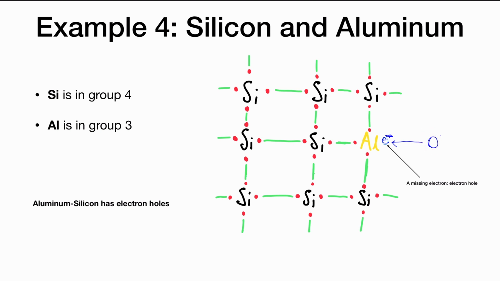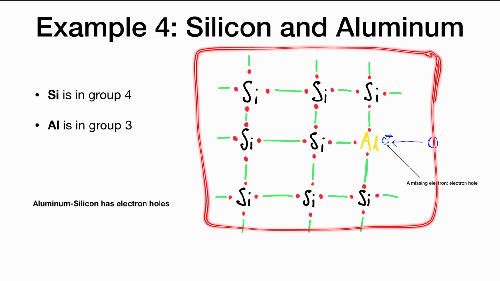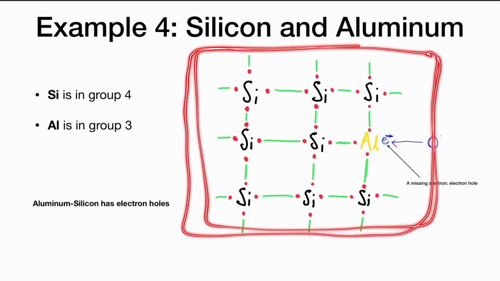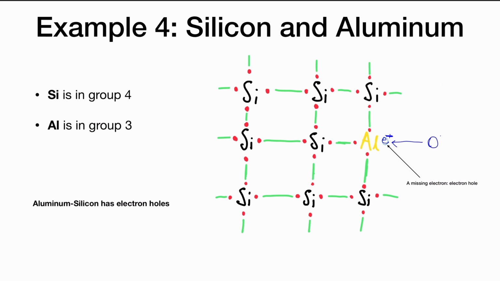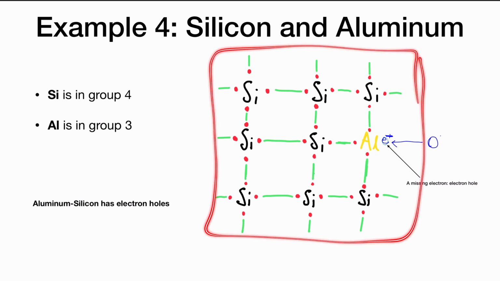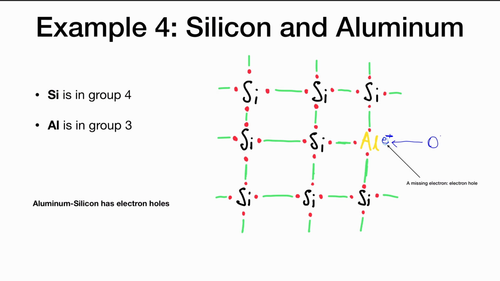Another way of saying it is that what carries electricity through here is the hole, the empty hole, the lack of electrons. That positively charged hole is the carrier here. So this type of semiconductor is called a p-type semiconductor.